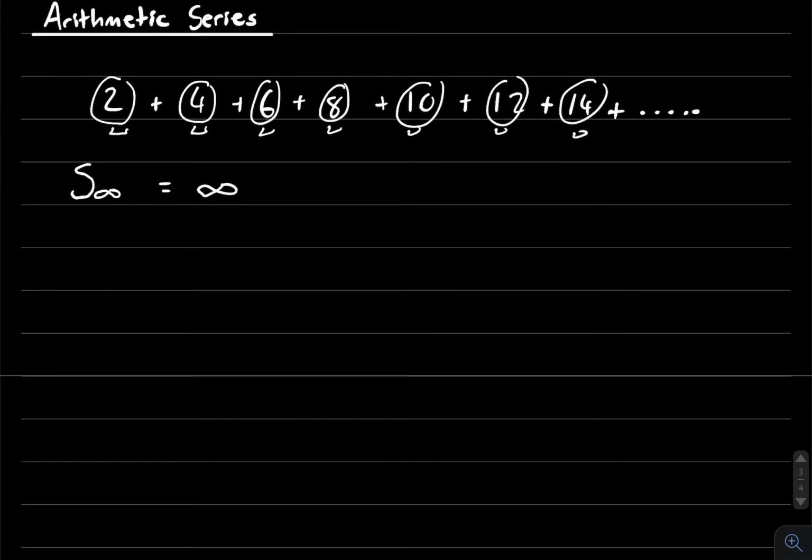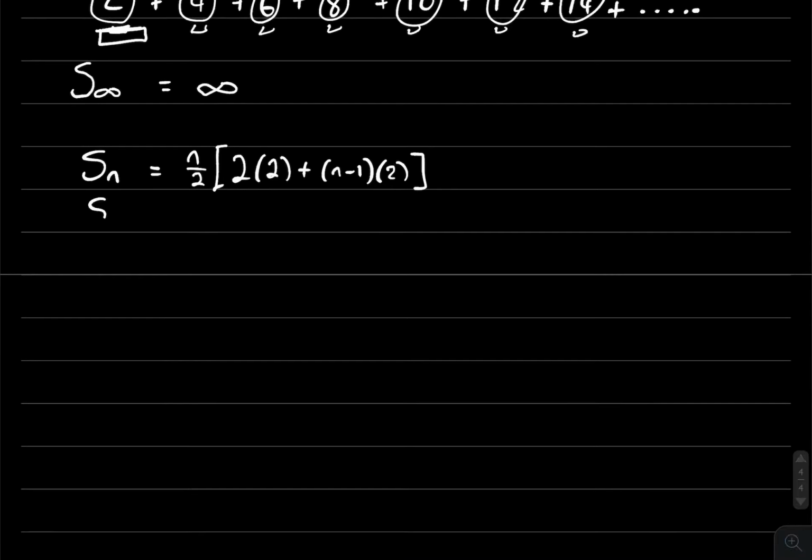Let's say that for this series, let's write out what Sn is equal to. Sn is n over 2 into 2 times a. Our a here is 2 plus n minus 1 times the difference. Our difference is also 2. Okay? So what does this give us? We get n over 2 into 4. Distribute, we get 2n minus 2.